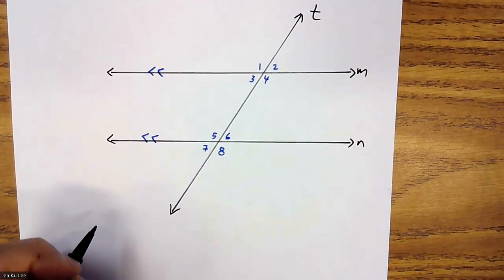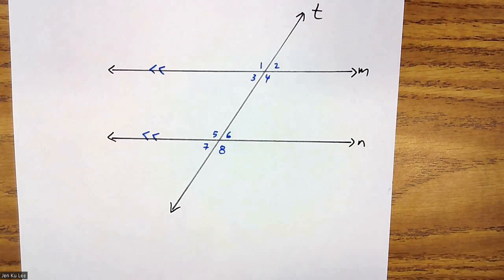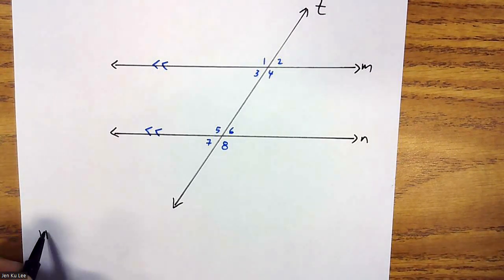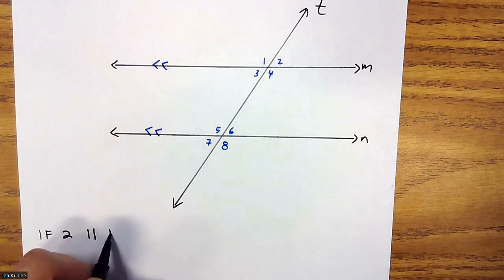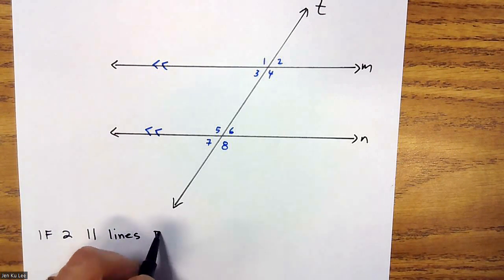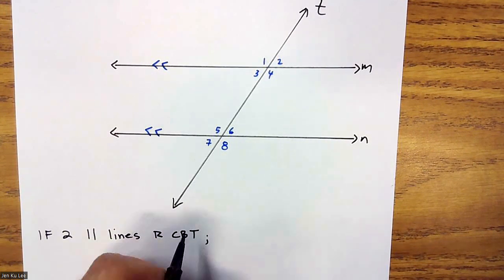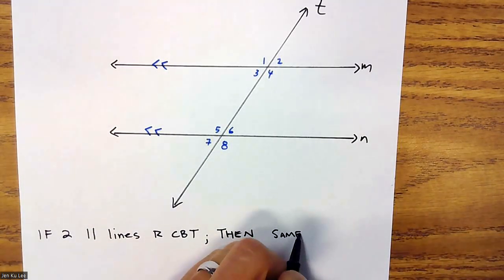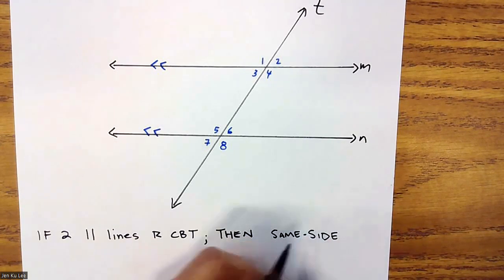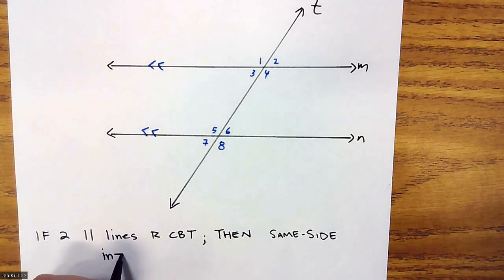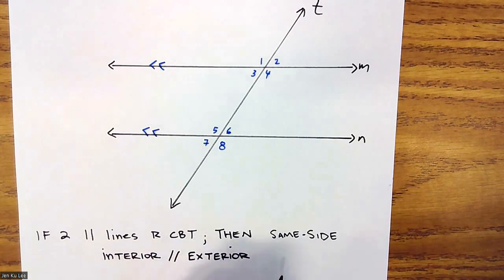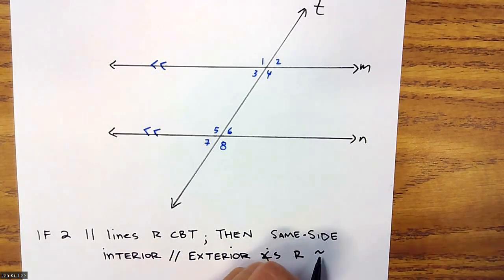The next one is going to go smoother because we did all that work about understanding how the relationships work. Okay. So the rule is, if two parallel lines are cut by a transversal, then same side interior or same side exterior angles are supplementary.